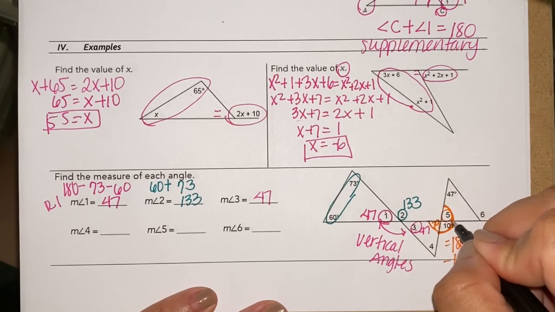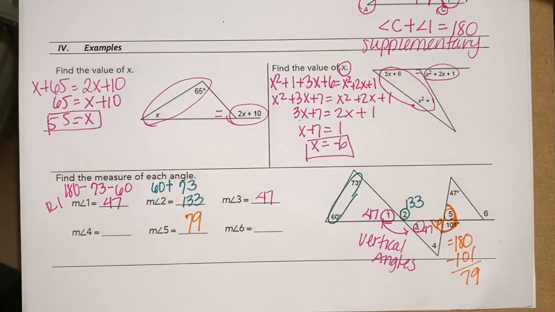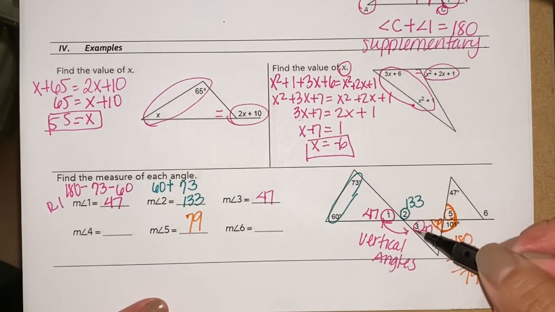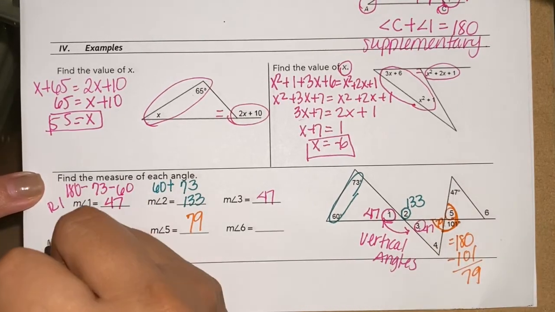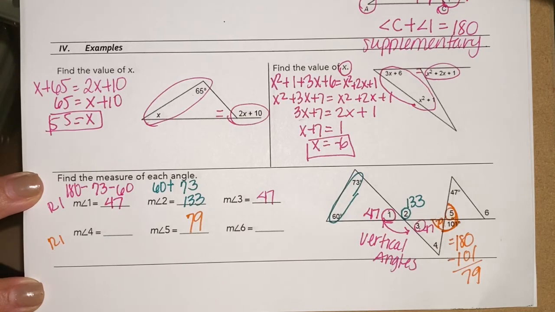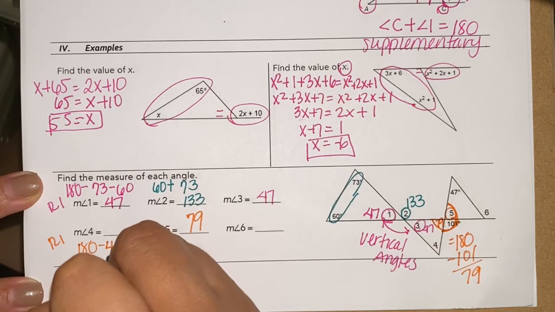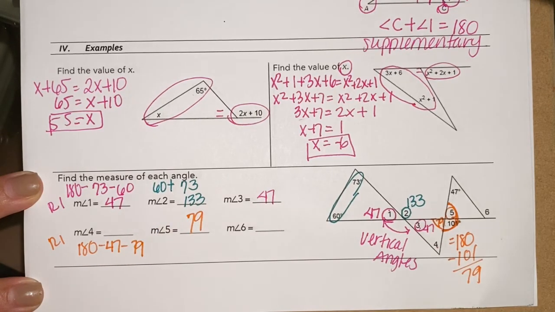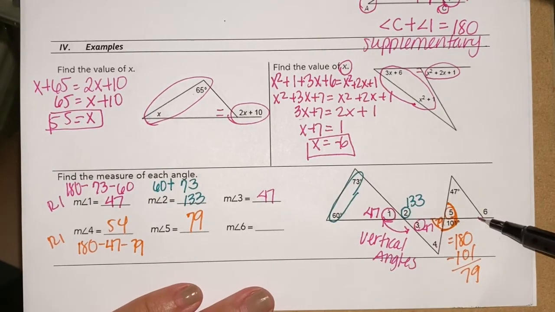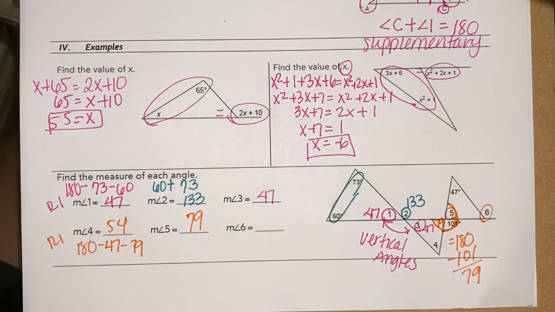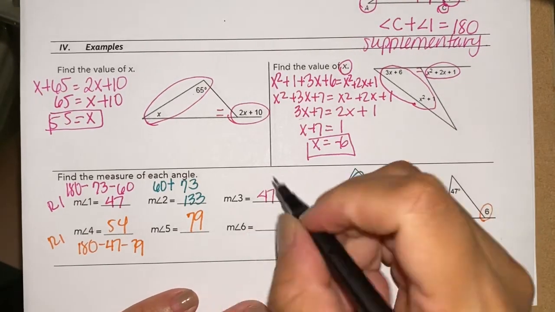And because of the vertical angle theorem, that's also angle 5. So this is rule number 1 for angle 4. I say 180 minus 47 minus 79, 54.